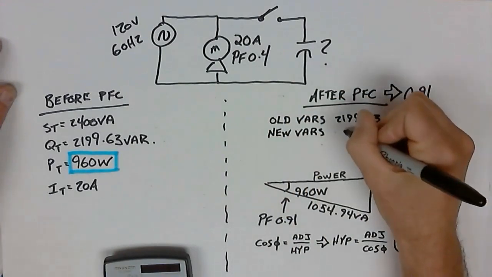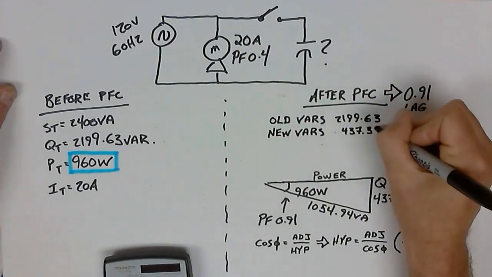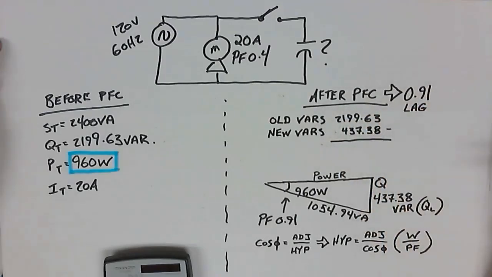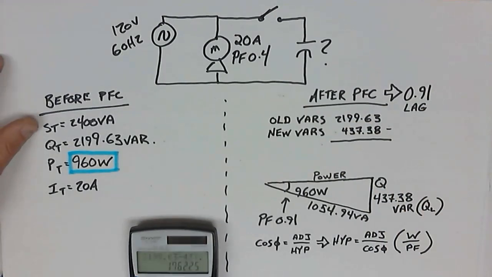And the new VARs are 437.38. So we're subtracting these two values. The value that we then are left with, 2199.63 minus 437.38, gives me the size of the capacitor.